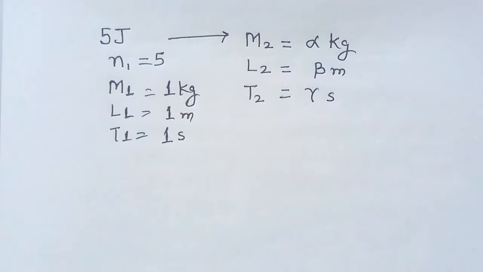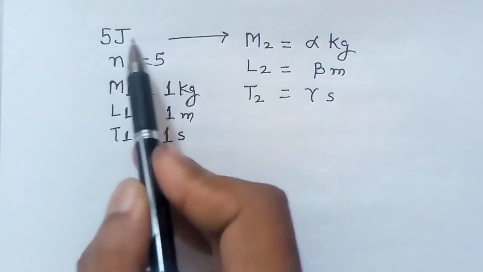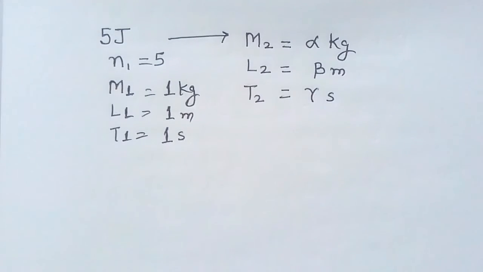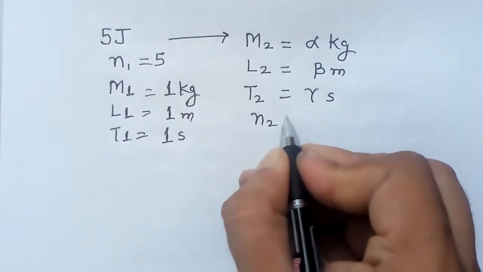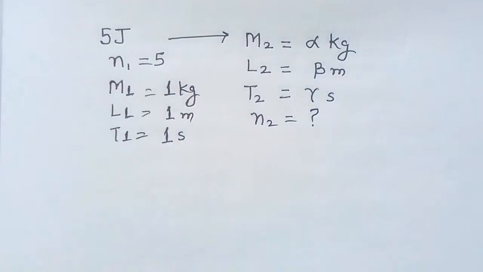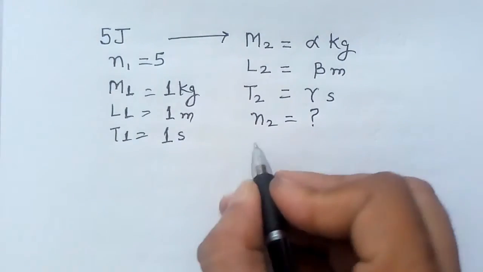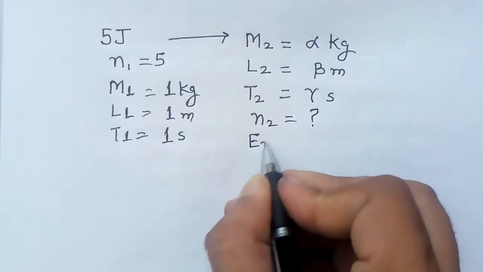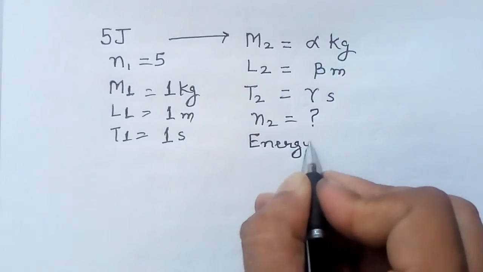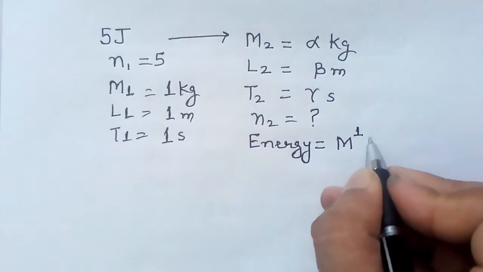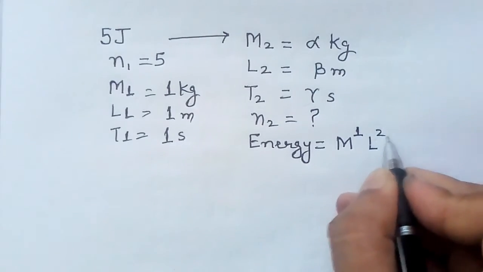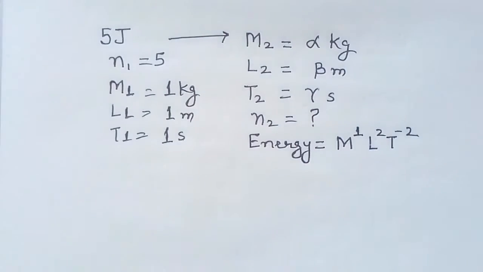So we have to find the value of this 5 joule, which is given in SI, in the new system of units. So N2 we have to find, and since it is energy, first we write the dimensions of energy. We know the dimensional formula of energy is M1 L2 T minus 2.